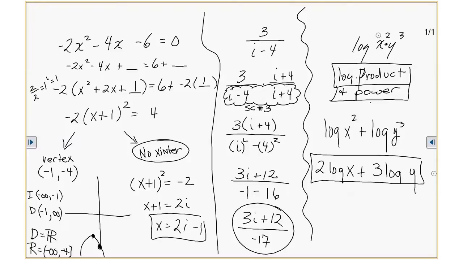On the identities, you want to always remember your reciprocal identities, the Pythagorean identities. For Calc 3, you're going to have to remember some of the more advanced ones, which are double angle identities and the half identities. So you don't have to do those right now, but you might want to mark them for Calc 3.